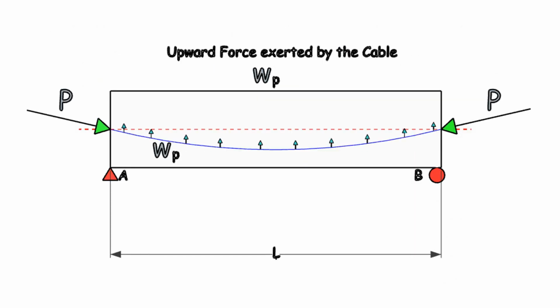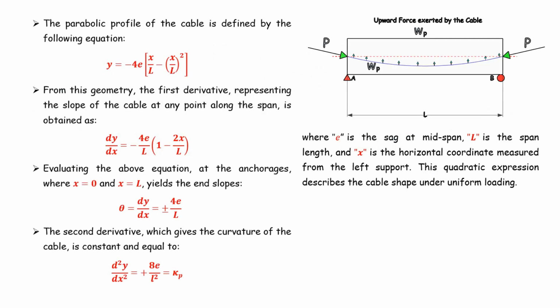Now here we go. As I told you, the upward force WP is going to be calculated. It is also equal to FP. This is a simple derivation, where we already know that if the cable has a parabolic profile, the equation for the parabola is y equals minus 4 into eccentricity times x by L minus x by L the whole square.